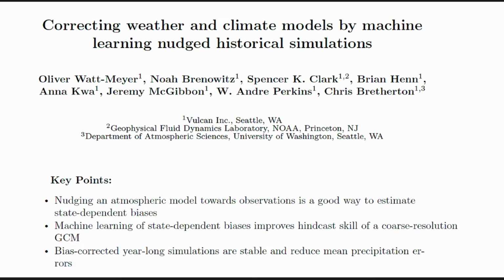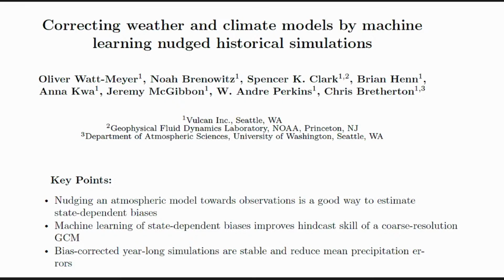What these guys do is something interesting, right? They don't want to just speed things up compared to an expensive parameterization or a high resolution model run. They actually want to do better than the model in matching the real world. So what they do is they take a run of a climate weather model. I'll get to the model in a second.